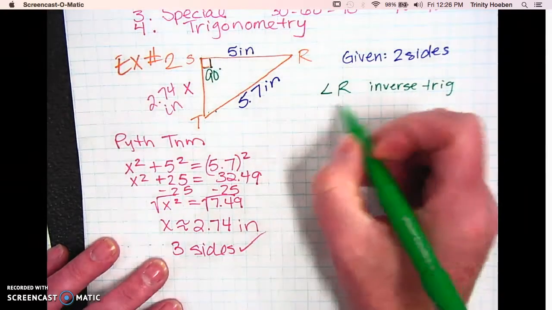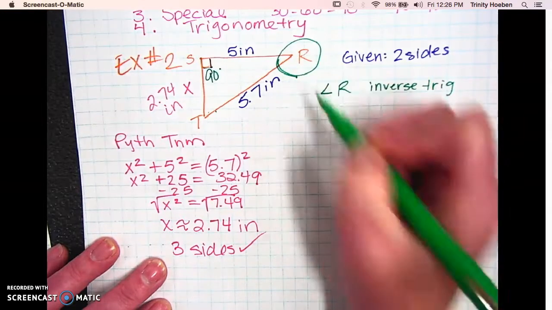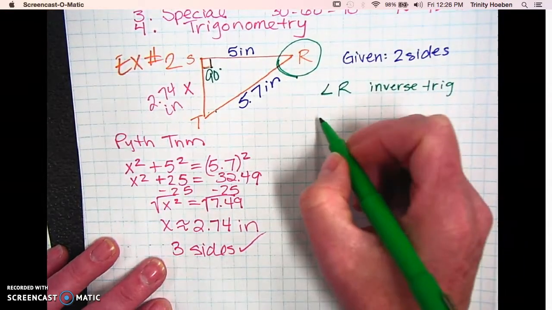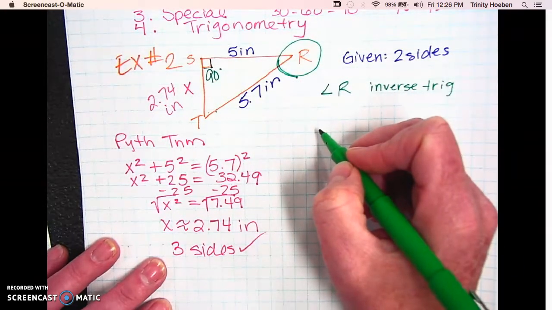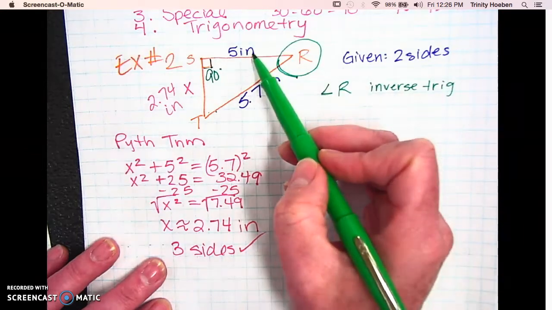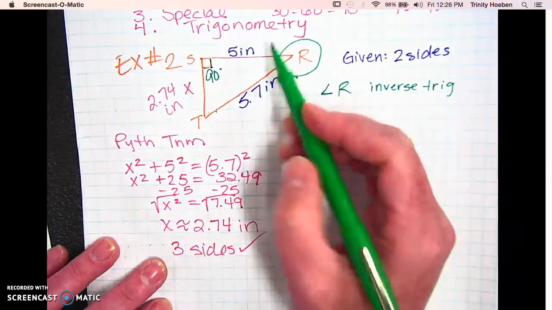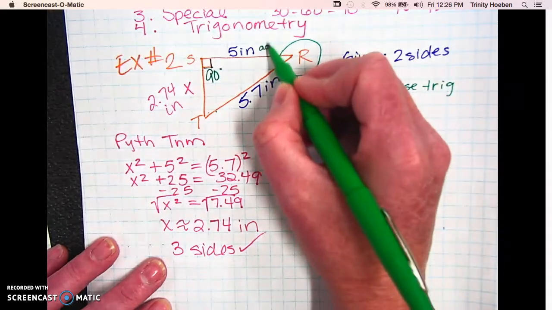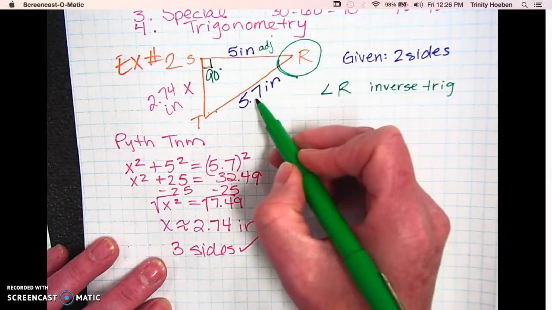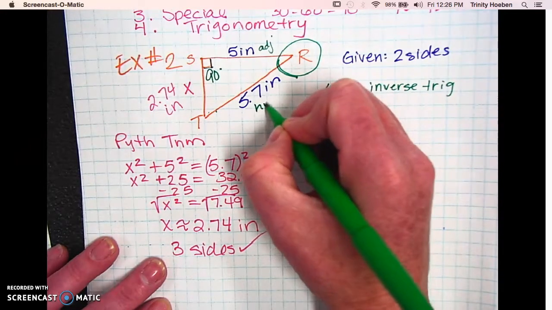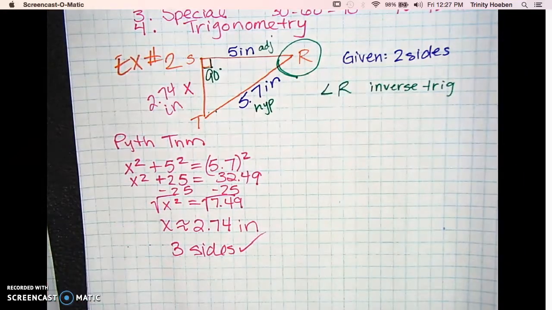Okay, so from angle R, I'm going to circle it just because that helps me. I can use the 2 sides that were given to me. This 5 inches will be the adjacent side, and this 5.7 is the hypotenuse. So which of the three trigs uses adjacent and hypotenuse? Cosine.